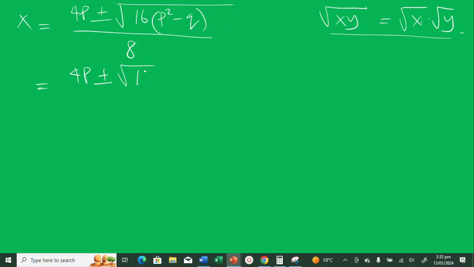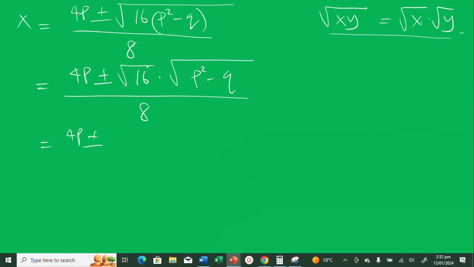So the square root of 16 times the square root of p squared minus q, divided by 8. Now you have 4p plus or minus, the square root of 16 is 4, times the square root of p squared minus q, divided by 8.